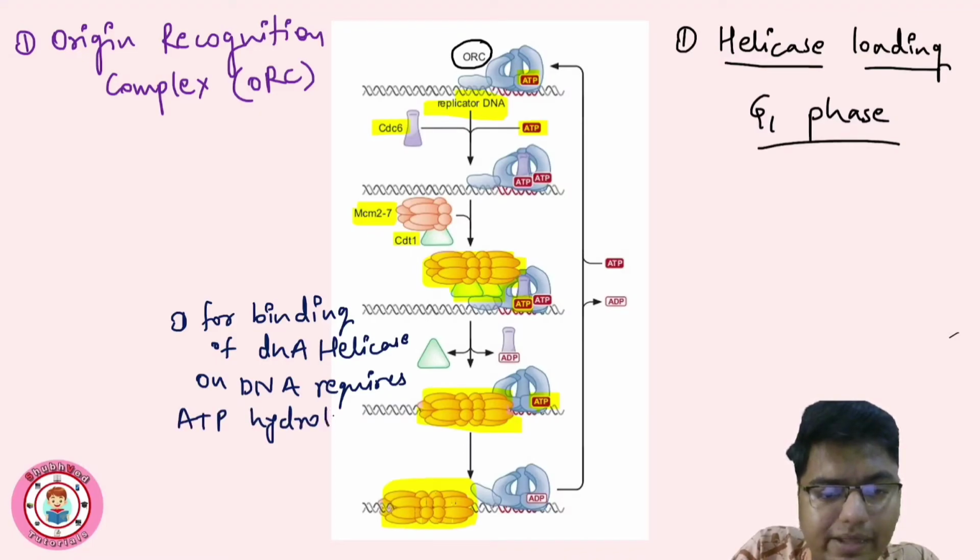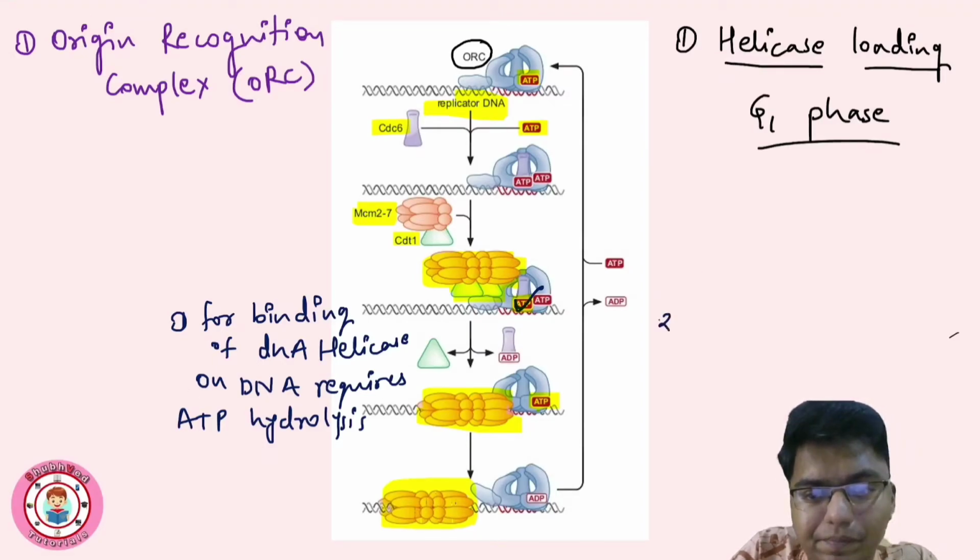This one ATP hydrolysis is to place the helicase on the DNA, and the second hydrolysis is for proper location.